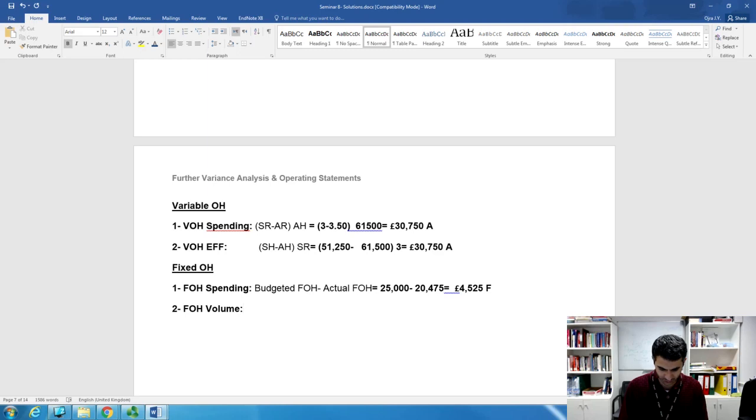So in terms of this, actual production units, so how many units we produced, actual one, minus budgeted production units, and then you multiply it by OAR. OAR stands for overhead absorption rate.